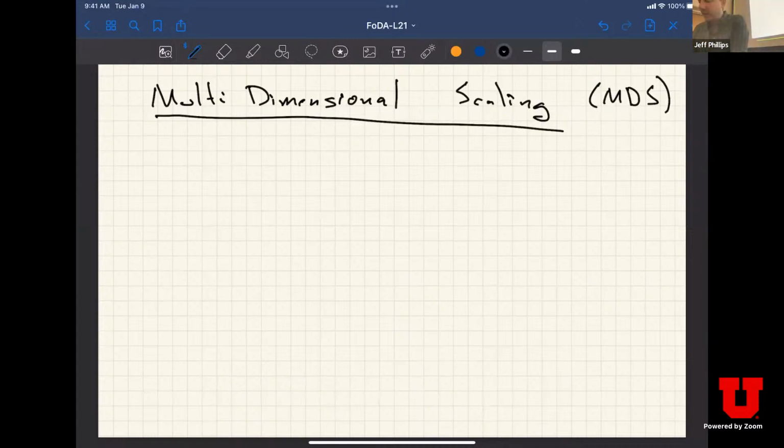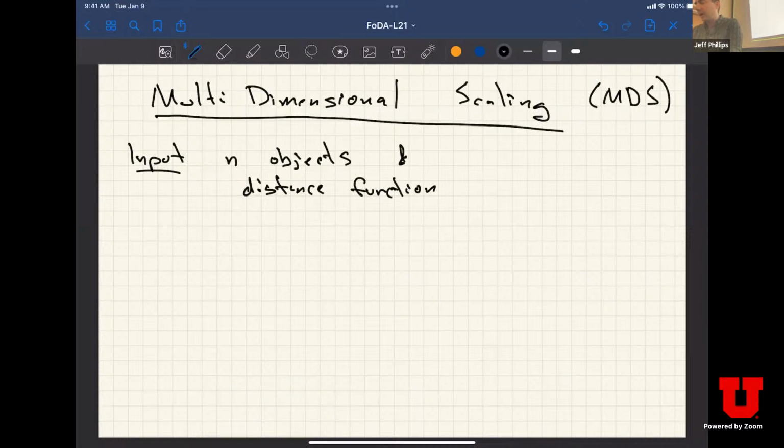So far, the input is going to be n objects and a distance function D. Let's say there are objects in some sample space, if you remember, some sort of domain, right?